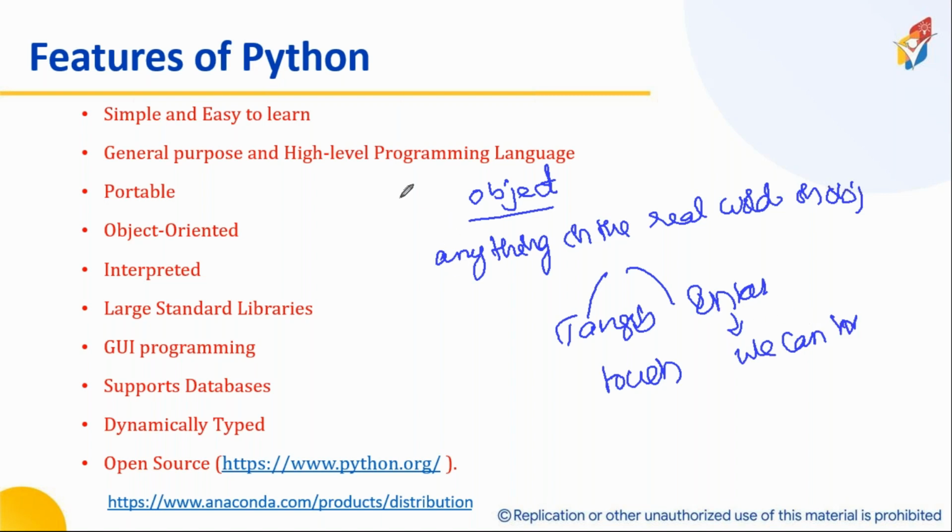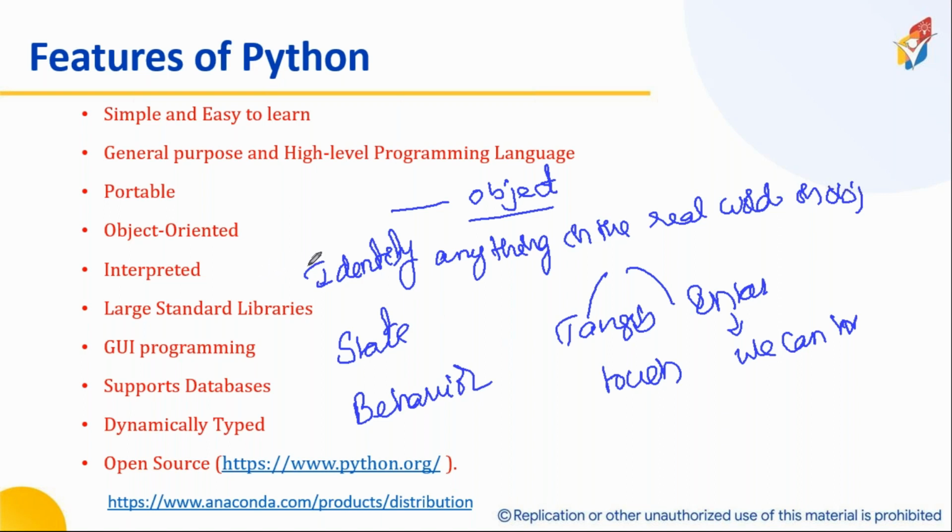Now, every object possesses three characteristics. First one is identity, state, and behavior. For example, every student will have a name, that is called identity, the student name. Every student has some attributes.